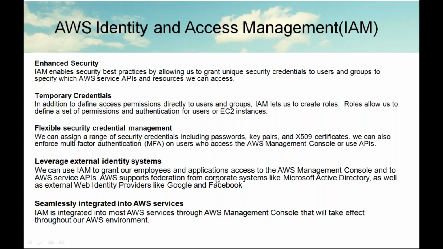AWS supports federation from corporate systems like Microsoft Active Directory as well as external web identity providers like Google and Facebook. So by using IAM, I can grant my employees access to applications like Microsoft Active Directory, and you can also manage Google accounts and Facebook accounts. So I can give you permissions to access Google and Facebook.